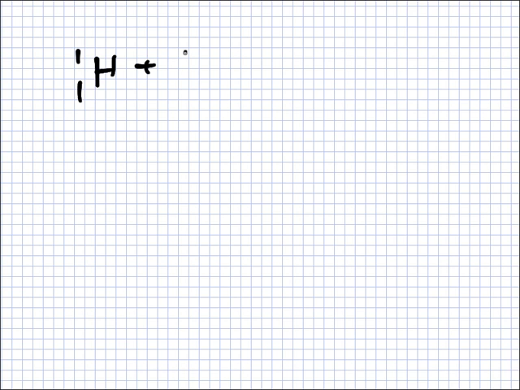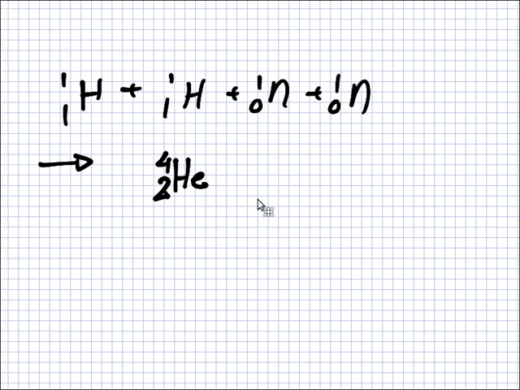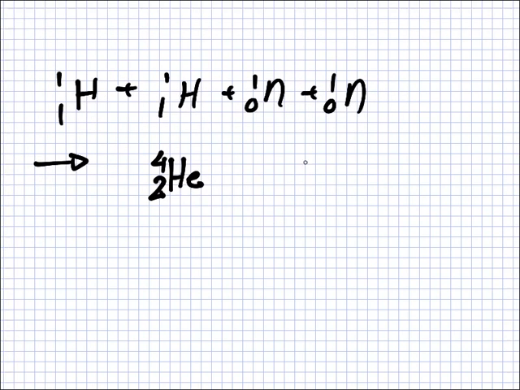Hydrogen 1, 1 plus hydrogen 1, 1 plus neutron 1, 0 plus neutron 1, 0. What do I have if I have 2 protons? It's taking longer to load. Helium. Okay. Now, what did you say the mass we think should be?